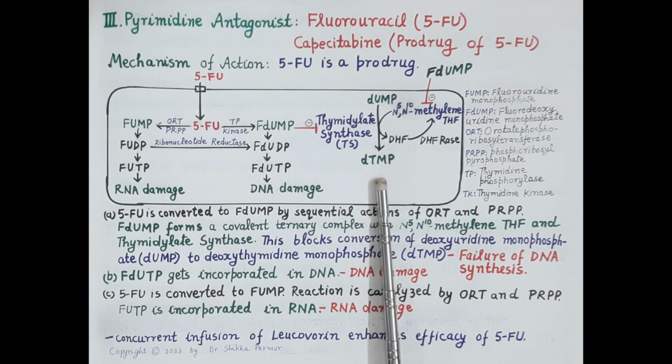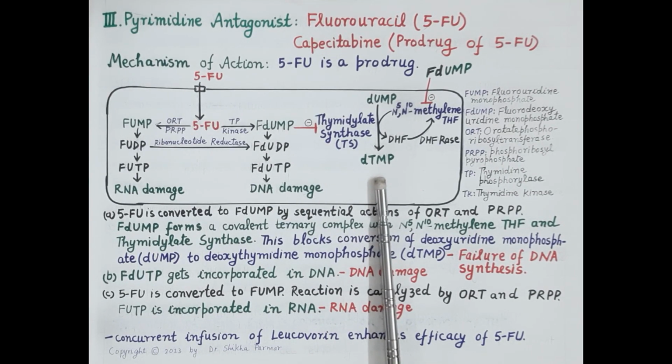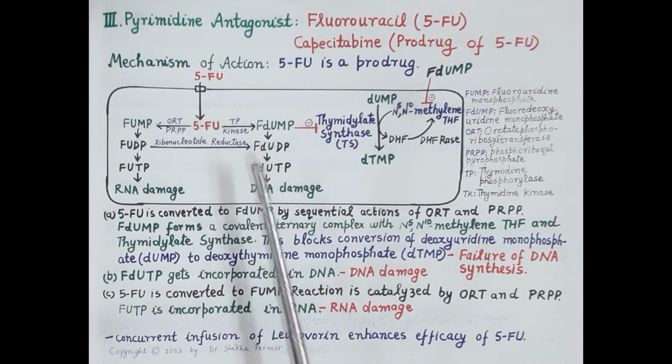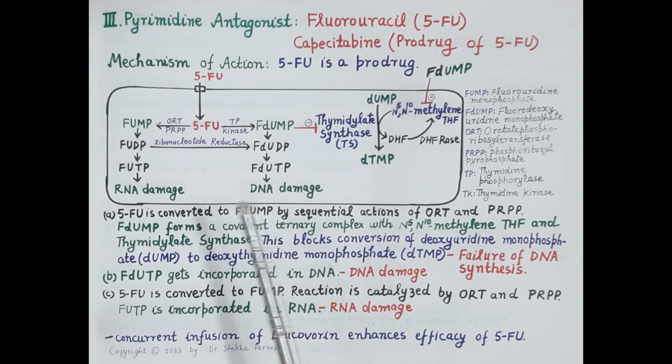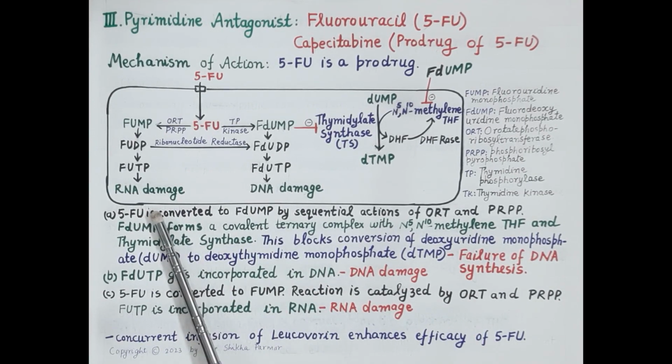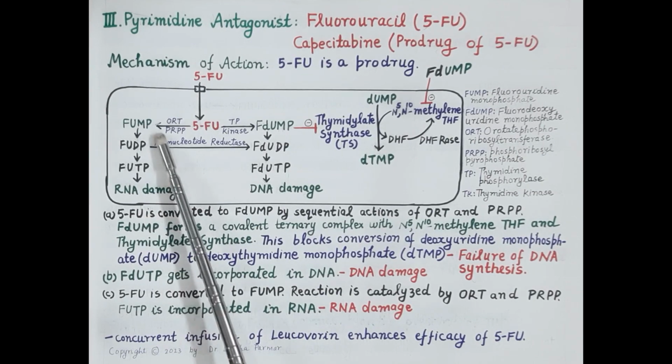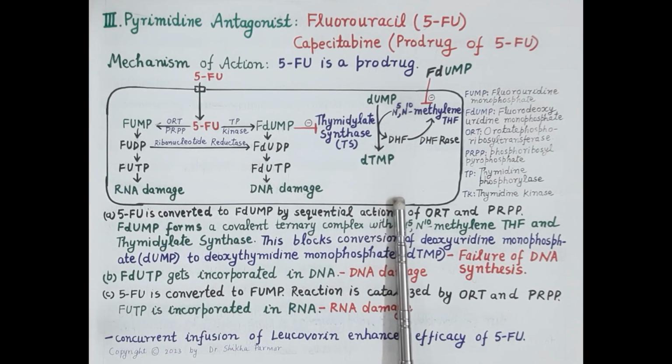It is an S-phase specific drug, and by inhibiting DNA replication, it prevents the multiplication and proliferation of cancerous cells. Besides this, it gets incorporated in the DNA as well as in the RNA, and it damages the DNA as well as the RNA. So this is the mechanism of action of 5-fluorouracil.